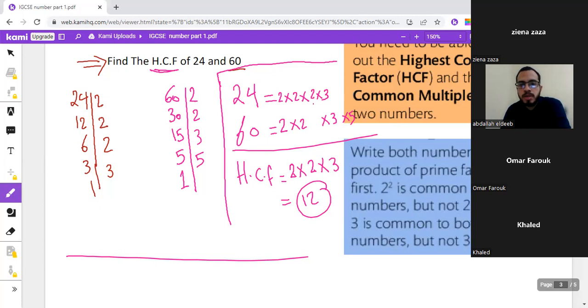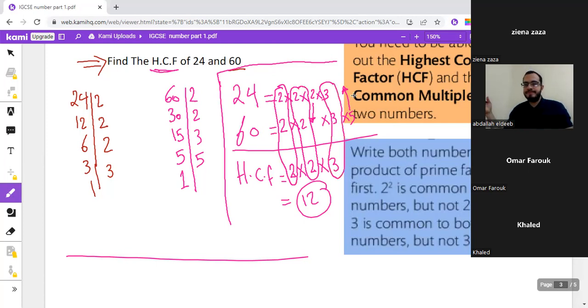And here don't write anything, leave it. Here also leave it. And 2 and 2, write only one 2. Here also use only one 2. And from 3 and 3, I write only one 3. And we're done. Finish.